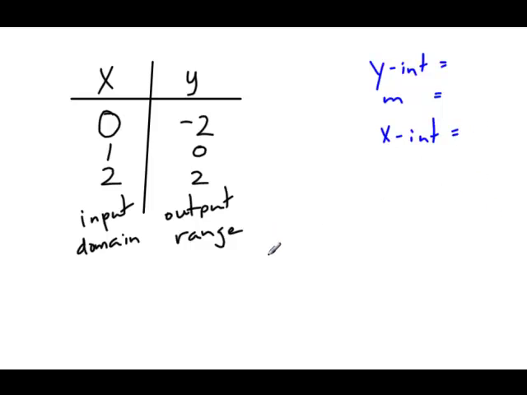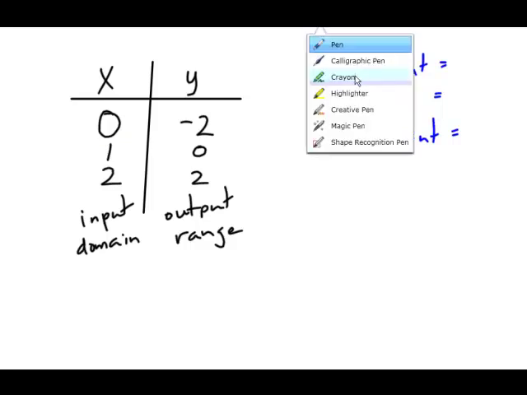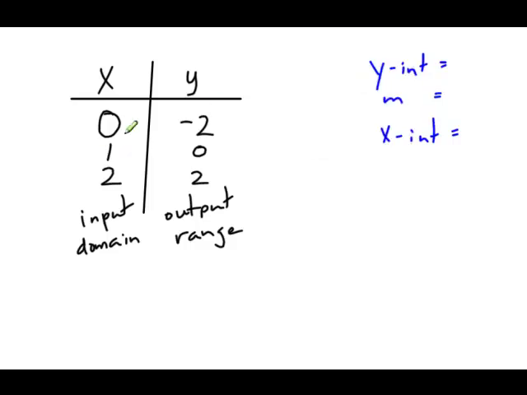Well, we know that when x is 0, right there, that y is our y-intercept. Every place on the y-axis has the x-coordinate of 0. So that's why we specifically use this input of 0. So we know that the y-intercept is negative 2.